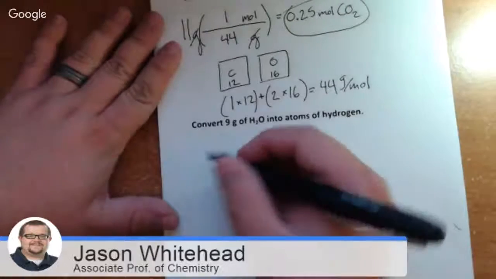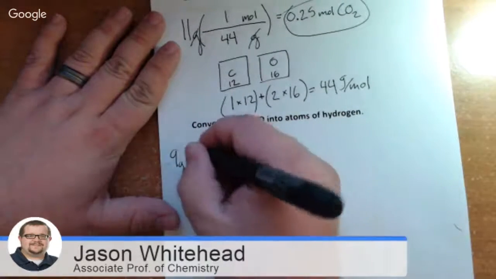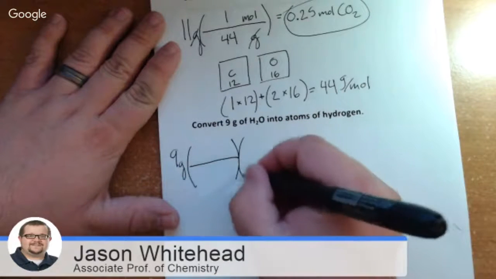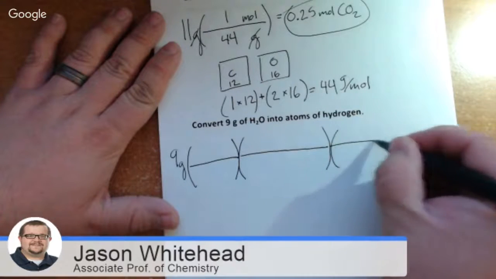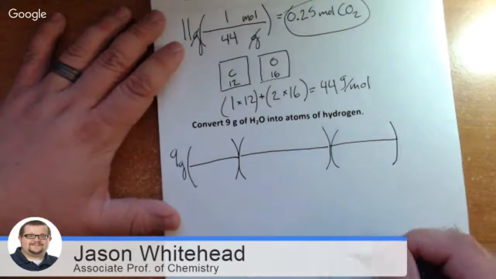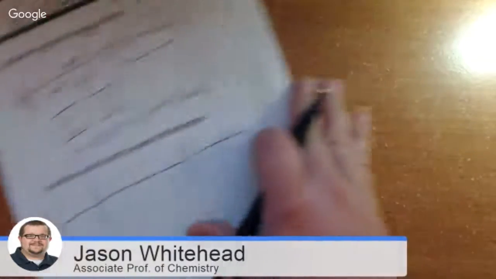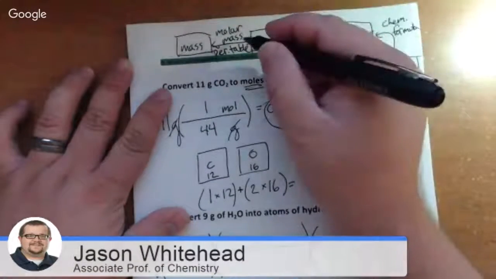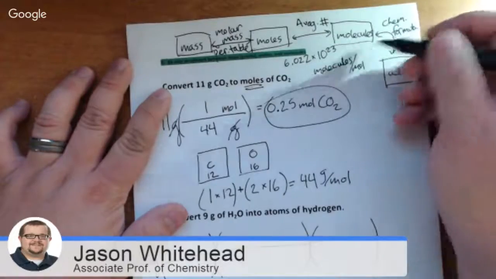I only have 1 number to start with, so I'm going to start with 9 grams. 1 conversion factor, 2 conversion factors, 3 conversion factors. Because I jumped 3 spots, I need 3 conversion factors. Going back to our chart, first one's going to be molar mass, second one's going to be Avogadro's number, third one is going to be chemical formula.